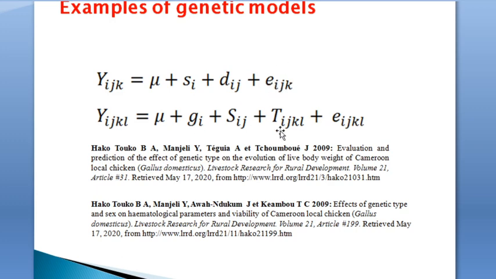We have many other examples like this other one, where Yidkl was representing the performance of local chicken in the western highlands of Cameroon, with mu the mean, Di the specific effect due to the genes, Sid the effect of the season and of the sex of the animal, and T the effect of the season. So you can follow these two publications for more.